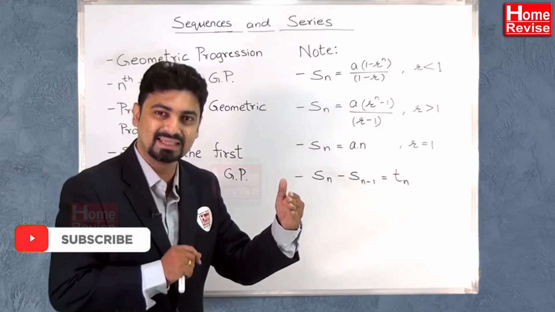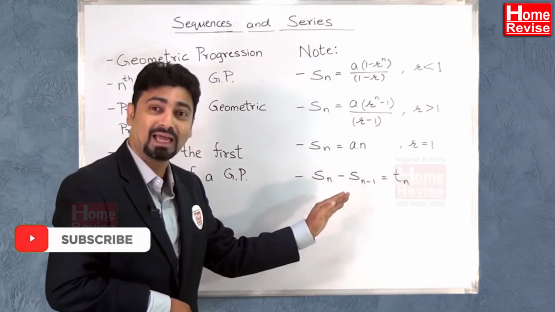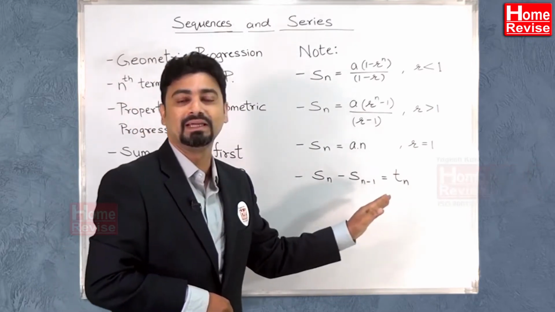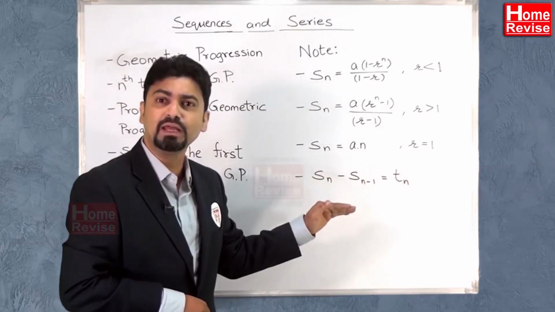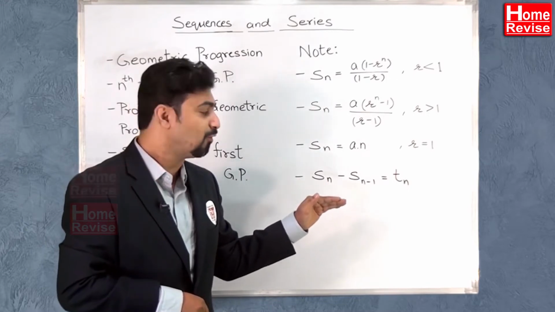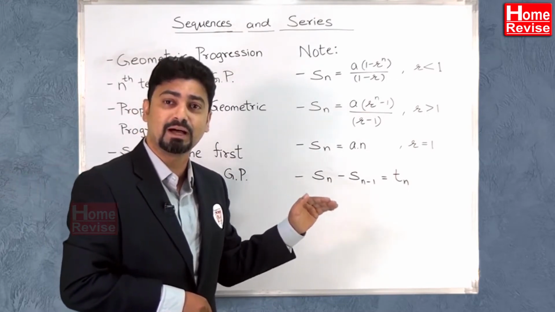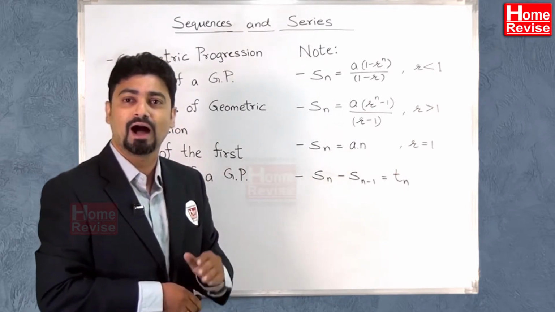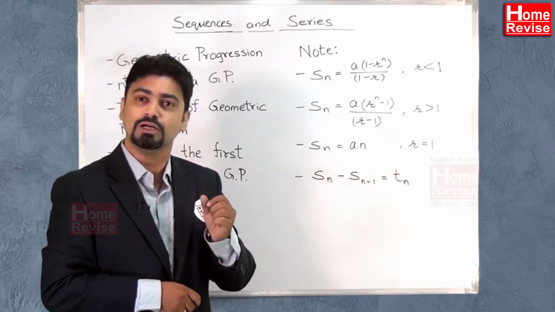So, can I hence say S of n minus S of n minus 1 will be equal to Tn. This is a very, very important formula from the point of view of solving questions, solving sums based on geometric progressions. So these are a few important points to be noted after you have learned what is Sn for a geometric progression.